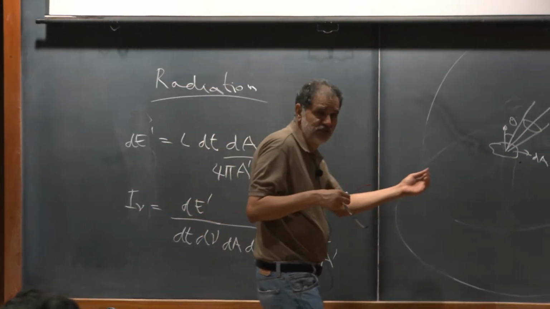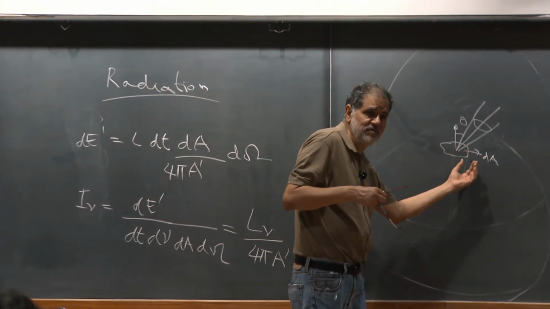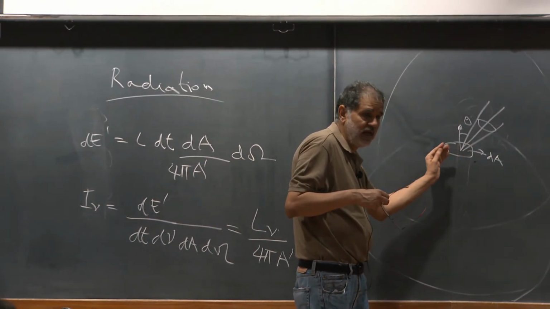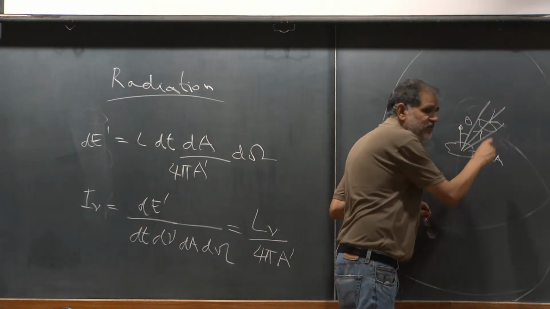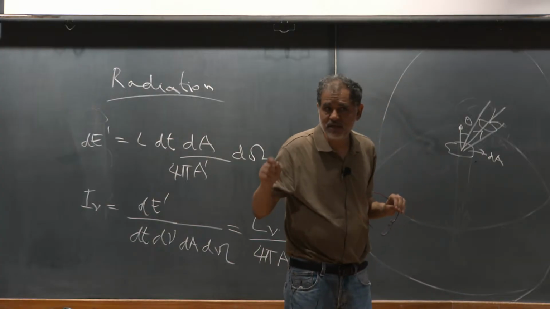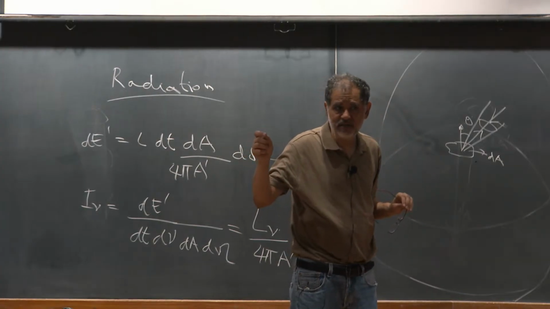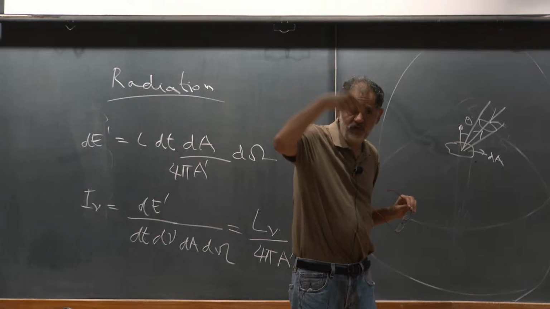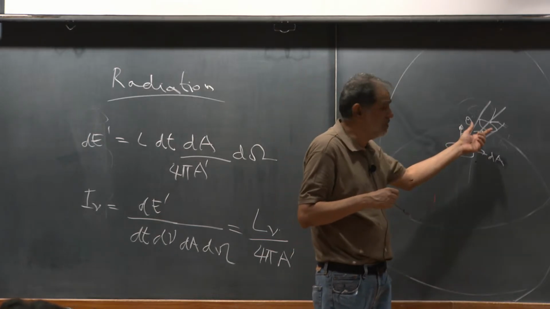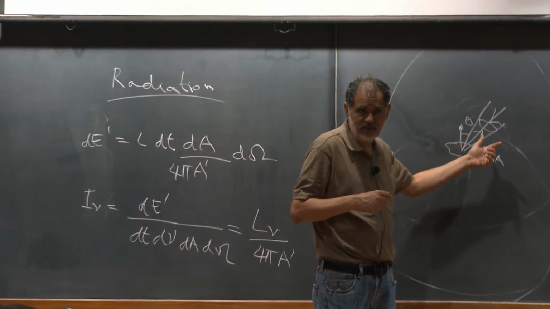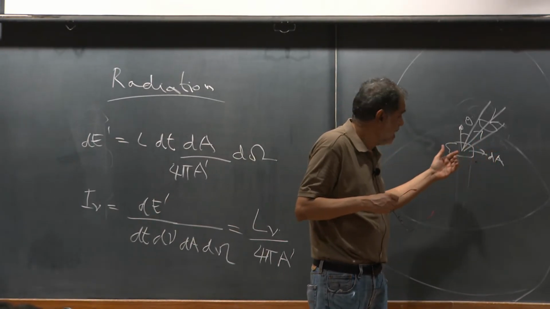So this is our basic geometry. We have an infinitesimal area, we have a normal to the area, and we have a solid angle into which the photons are either emitted or they are coming from the direction. Both ways you can see are valid descriptions. Either the photon going this way or the photon coming into you is the same thing; one of them will be the negative of the other. So intensity is defined.